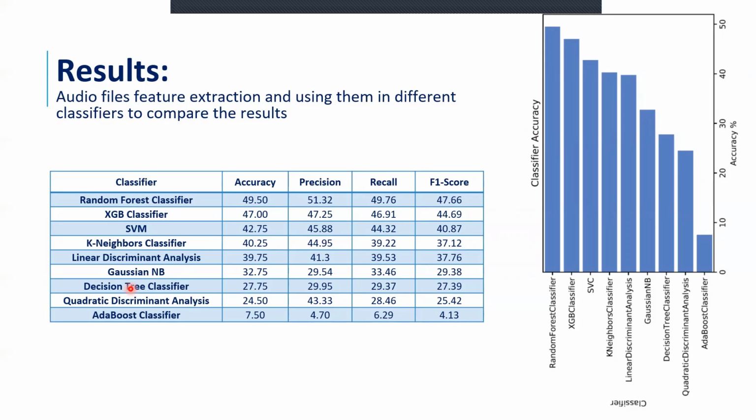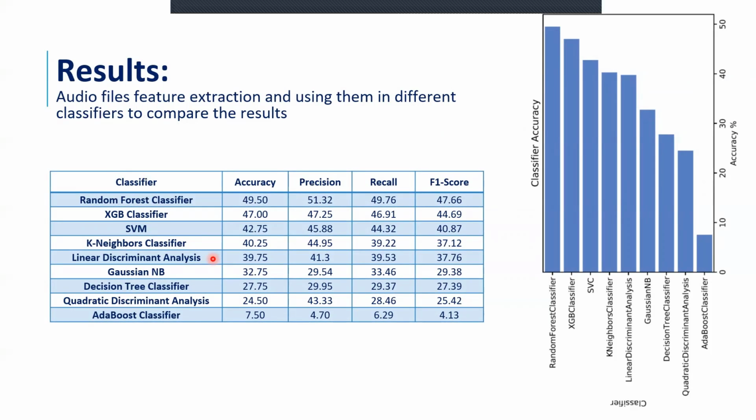As you can see, we use a random forest classifier, and we use an XGB classifier, which is a gradient boosted decision tree with better speed and performance compared to the decision tree classifier. We also use SVM and KNN classifiers, which we learned during our lecture this semester.